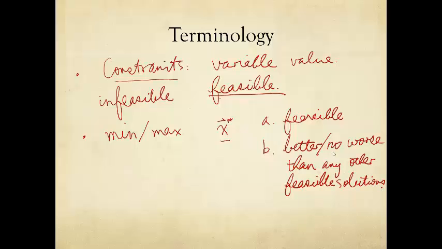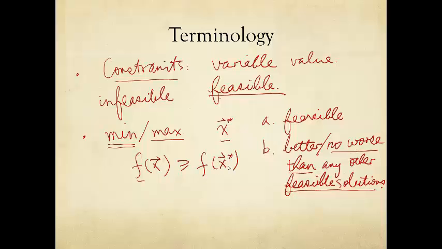Okay. Now, what do you mean by no worse than? It depends on whether you're talking about minimization or maximization. For a minimization problem, it means that it is at least as small as any other feasible solution will give you in the objective function. So if you pick any other feasible x, stick it into the objective function, which is denoted as f in general, then f evaluated at this x star vector will be less than or equal to that.